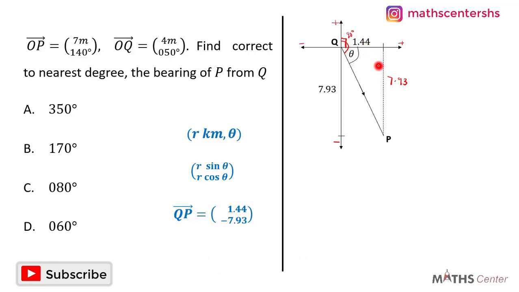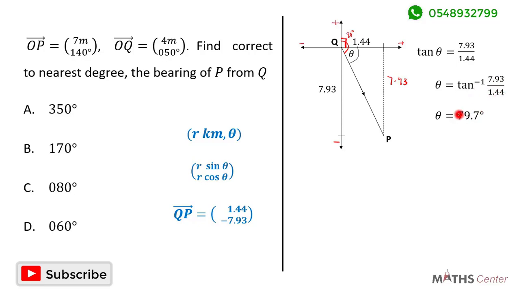We can use tan to find theta. So tan theta is equal to the opposite side, which is 7.93, divided by the adjacent side, which is 1.44. We'll get theta by finding the tan inverse of 7.93 divided by 1.44. Tan inverse of 7.93 divided by 1.44 will give us 79.7 degrees. So the value of theta is 79.7 degrees.